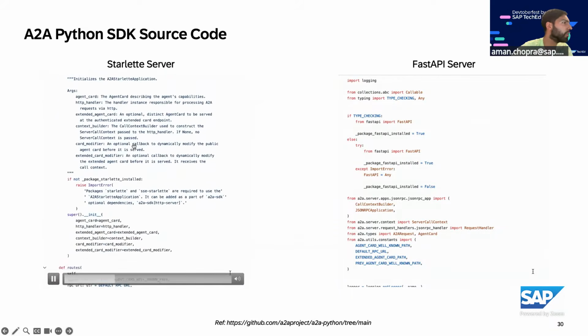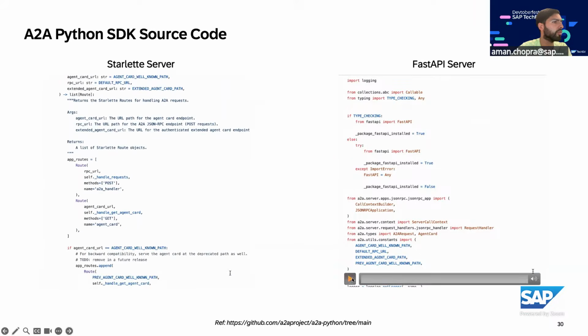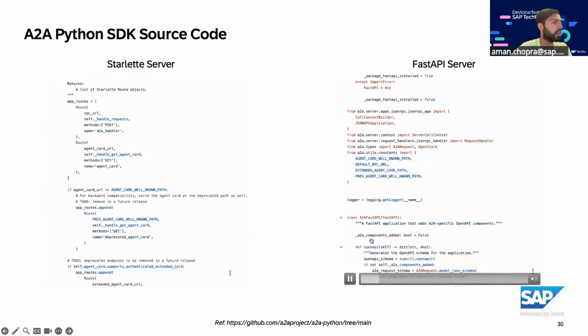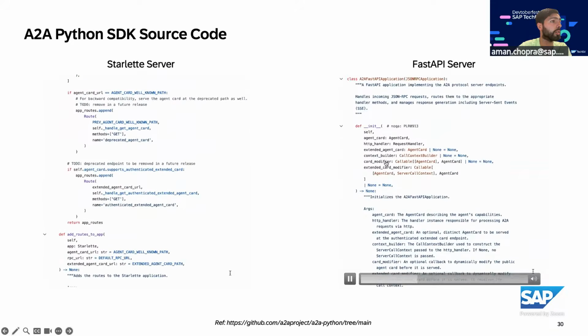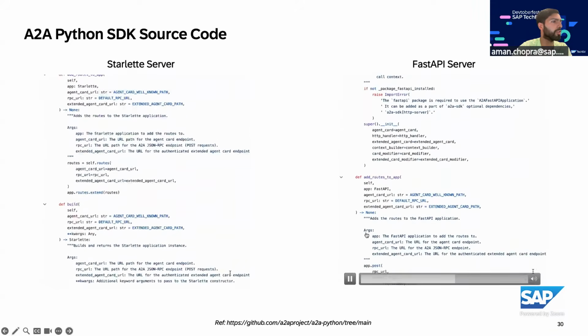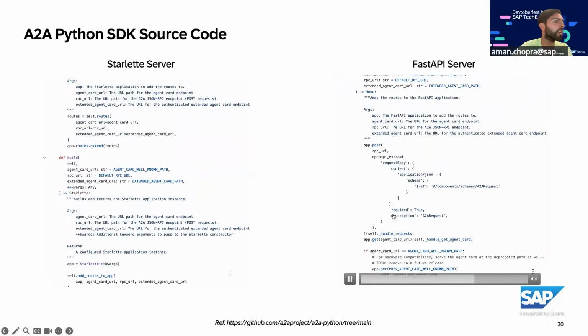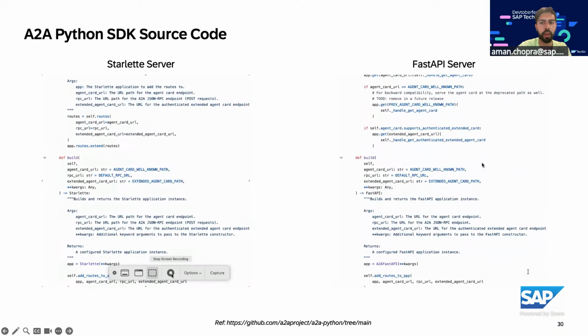In terms of the code, it's nothing special or new, right? It's really just using a lot of pre-built stuff. You can even run the server using Flask in Python, right? You can use any kind of framework you want. This is just a server, so it's framework agnostic, as we see here, right? You can build a server using Starlette or FastAPI.